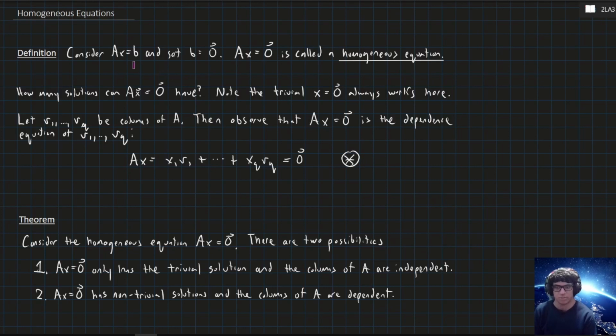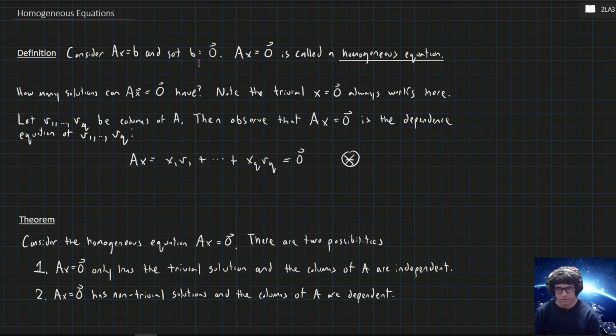So now I want to talk about a special case of the equation Ax equals b, called a homogeneous system. This is the definition. If I have Ax equals b, and I set b equal to the 0 vector, then Ax equals 0 is called a homogeneous equation.